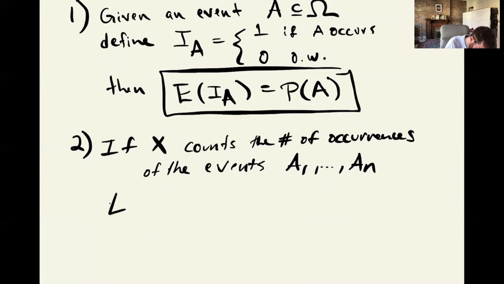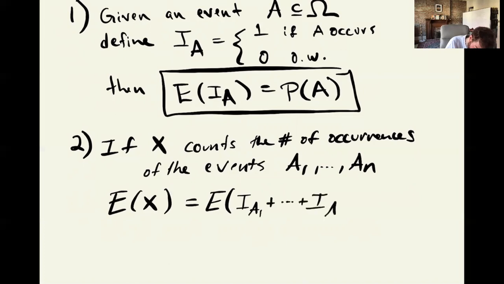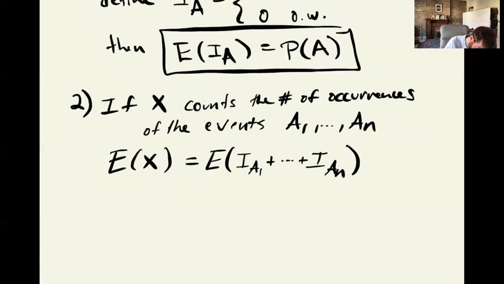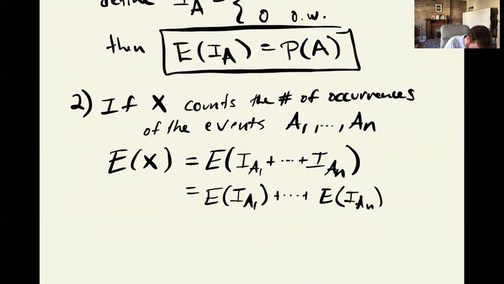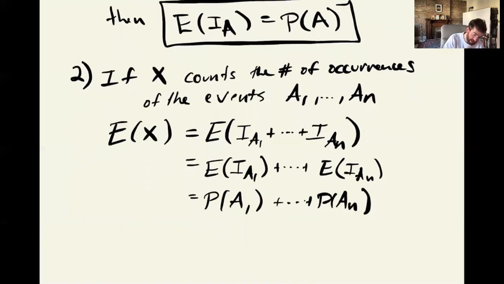Then I have the following. So the expectation of X is the expectation of the sum of indicator functions, which by linearity equals the expectation of each of these I of AJs, which by the above rule is the probability of each of these A1s through ANs. And again, this can add up to something more than one.